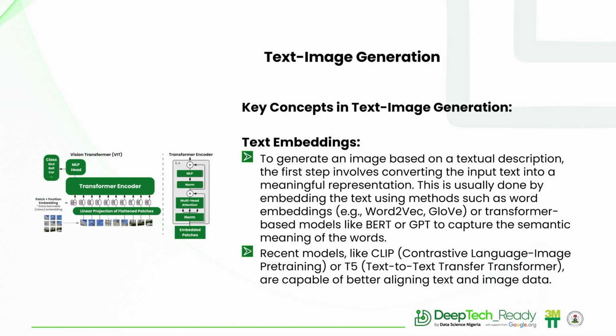This is usually done by embedding the text using methods like word embeddings, e.g. word2vec, GloVe, or a transformer based model like BERT or GPT to capture the semantic meaning of the words. Now, recent models like CLIP, that is Contrastive Language-Image Pre-training, or T5, that is Text-to-Text Transfer Transformer, are capable of better aligning text and image data.